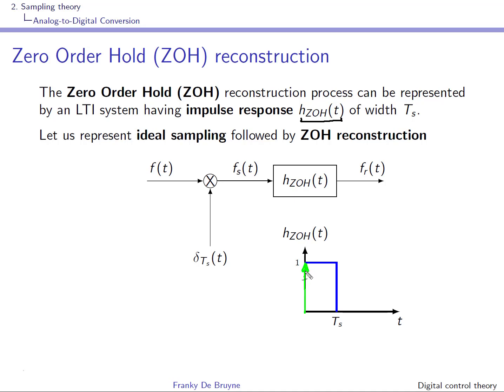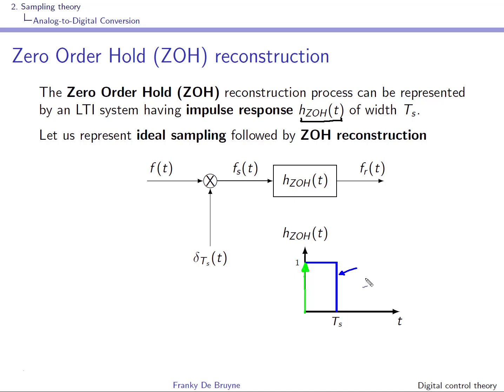If we put an impulse at the input, what this process will do is maintain it, hold it for a period of time Ts, and after Ts, the signal will fall back to zero. So in blue here you have the impulse response of the zero order hold reconstruction process.